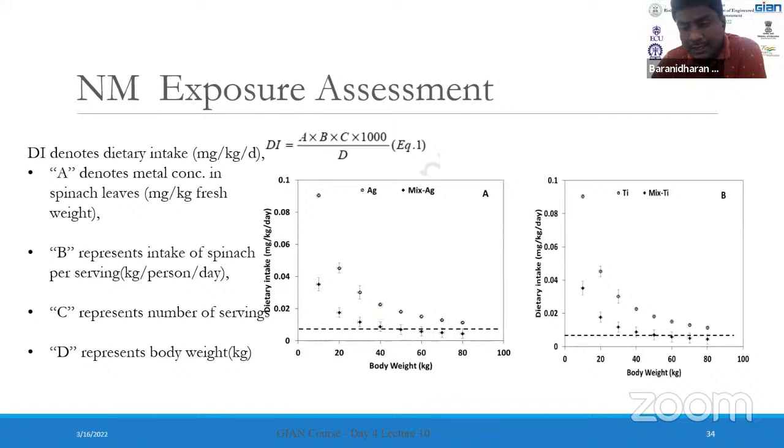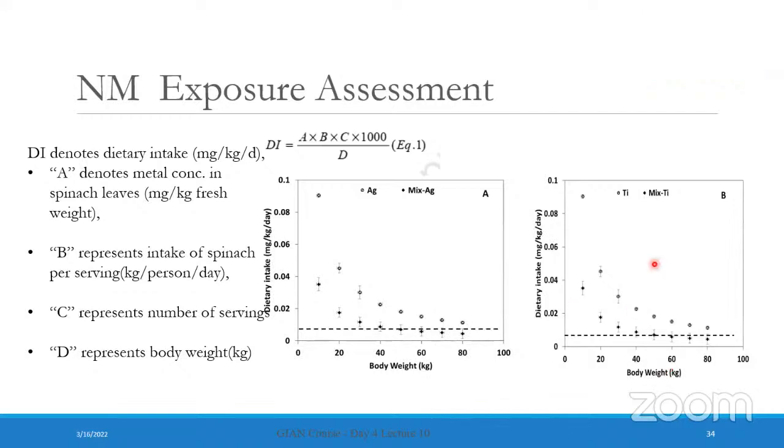So consumption of spinach shoots from plants which have been exposed to a concentration of say 10 milligram of nanoparticles per kilogram of sludge resulted in dietary intake estimates of greater than the reference dose for all age mass classes, for both silver as well as titanium dioxide nanoparticles.